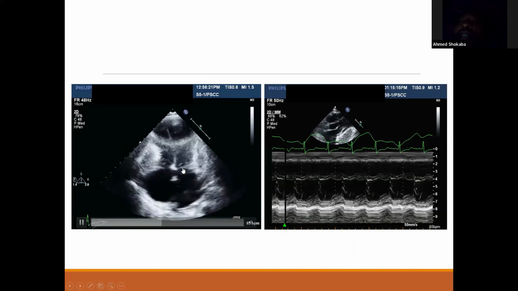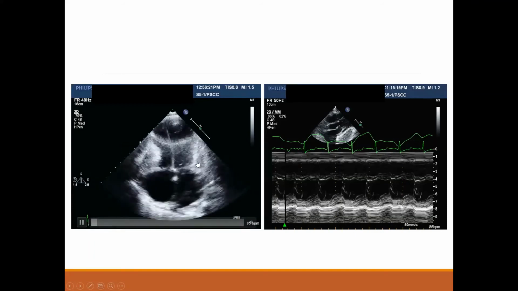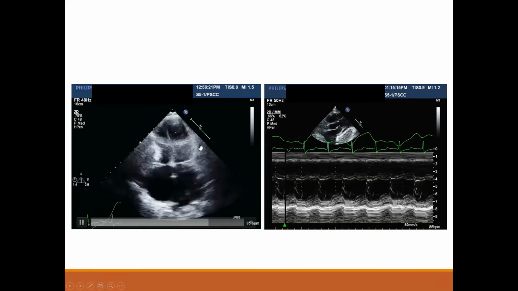Biatrial dilatation, right? What else? There is something pushing out on the right side. Yes, exactly, the right ventricle.